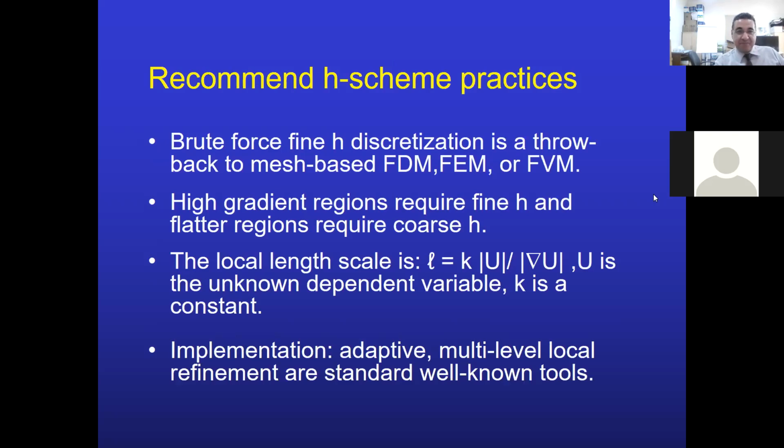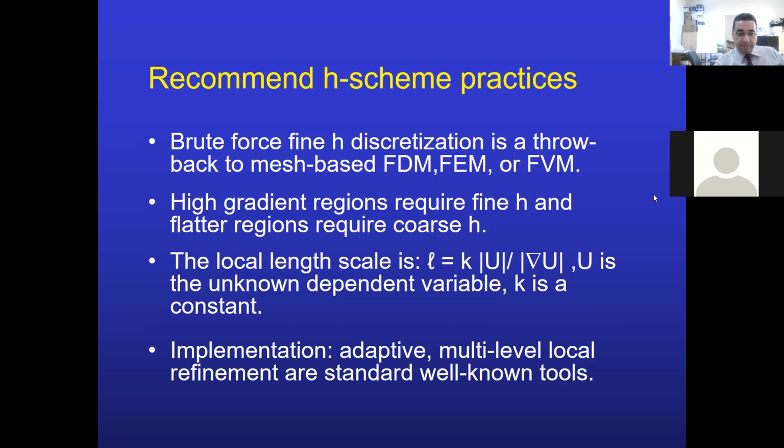Brute force discretization is a throwback to mesh-based schemes like finite difference, finite elements, or finite volumes. High gradient regions require extremely fine mesh spacing, and coarser, flatter regions can use a coarse spacing.